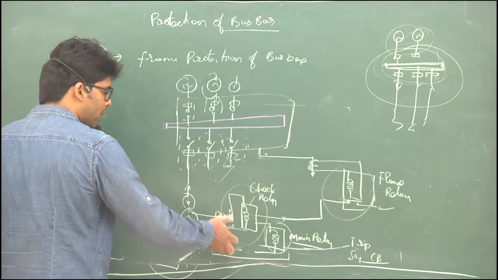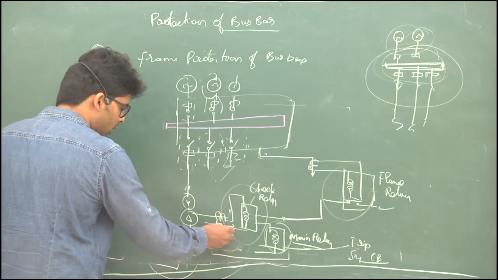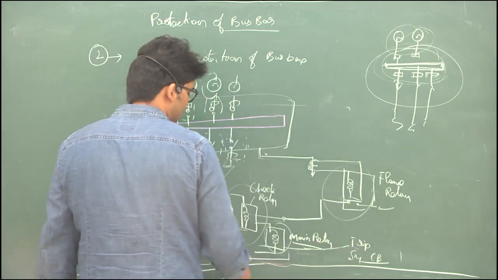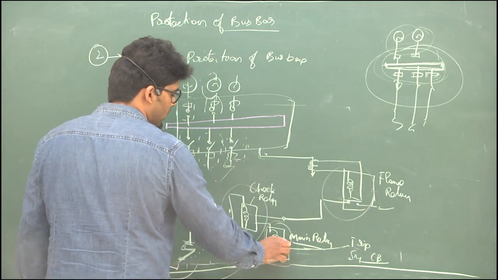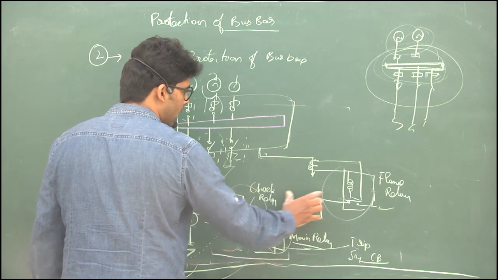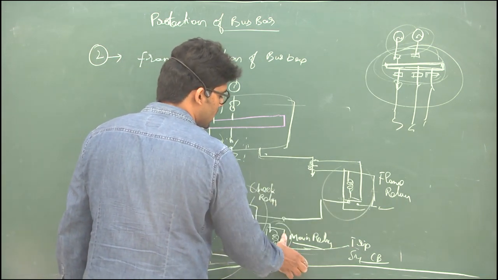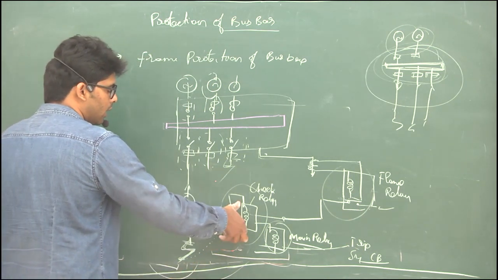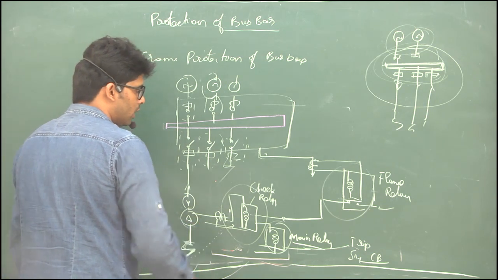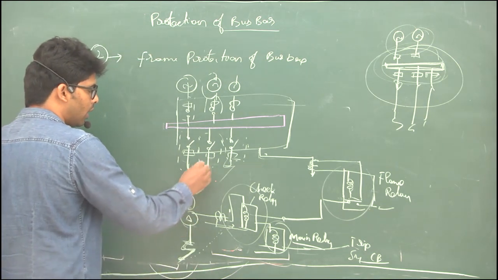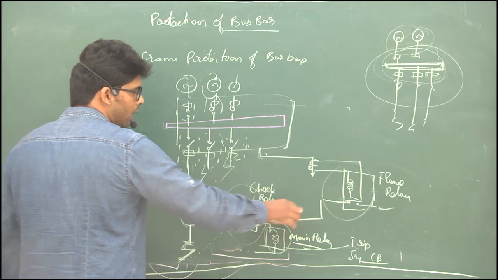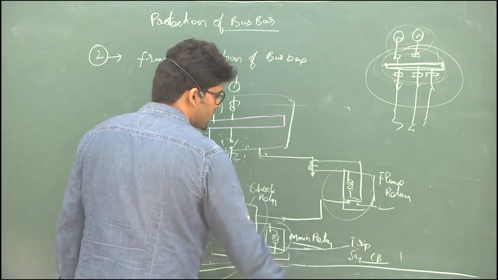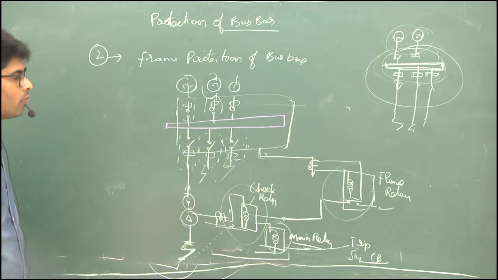The need for the check relay is to avoid tripping for an external fault, since in that case only the check relay operates. Under an internal fault, the check relay and frame relay both operate and give a signal to the main relay to operate. This is about frame protection of the bus bar.